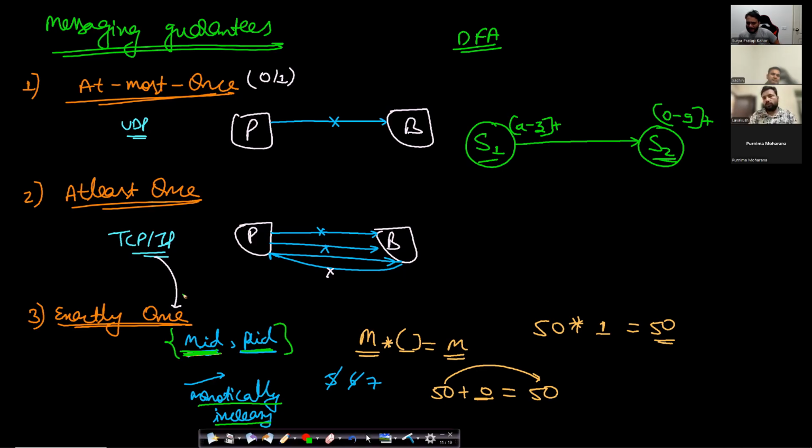Is this clear? Depending on this, if you are taking at least once, then you can have it multiple times. Kafka takes every single message as a different message. Every single message is a different message. So even if you are publishing the same message 100 times, it will be duplicated.